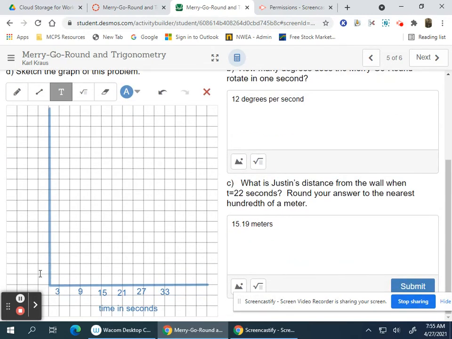So let's see if this works here. It barely fits.